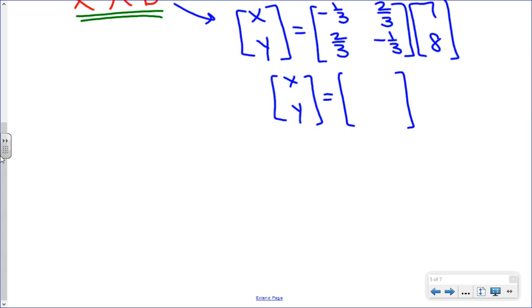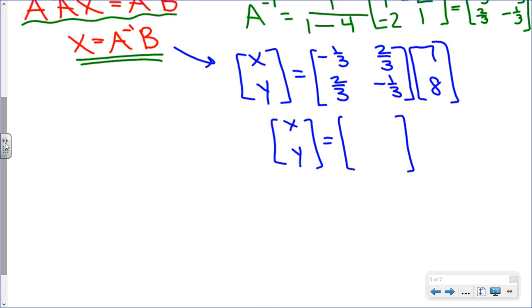We are taking negative 1/3 times 7 and adding it to 2/3 times 8. For our second entry, we're taking 2/3 times 7 and adding it to negative 1/3 times 8.